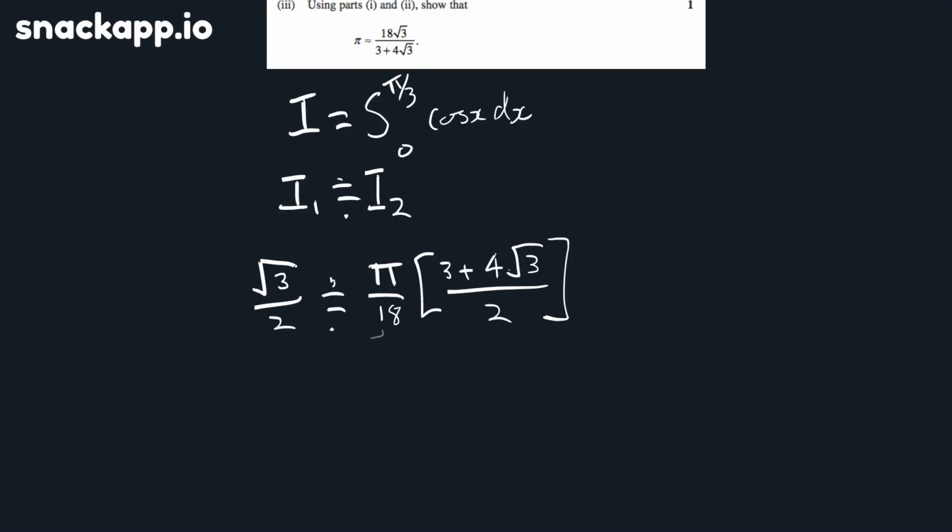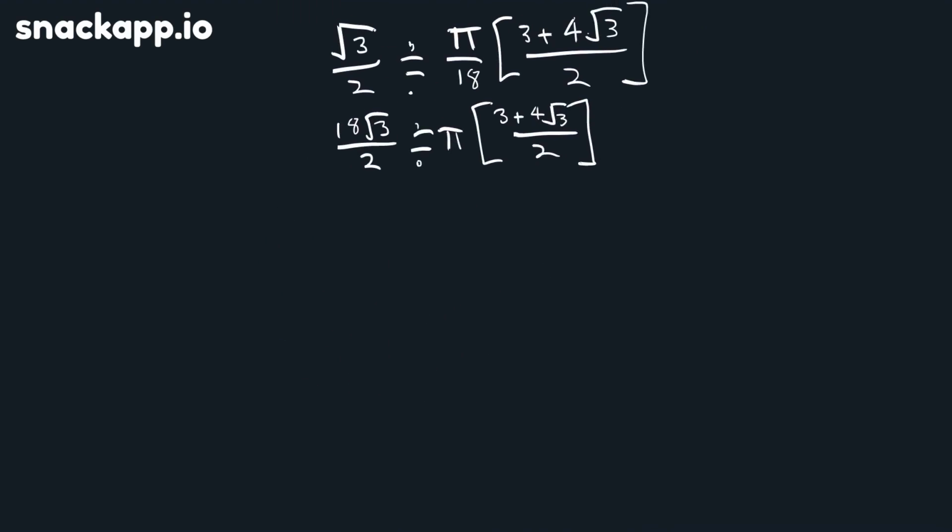Firstly, I can take the 18 over to the other side. I get 18 root 3 on 2, approximately equal to pi. All this is still there. And now, give myself a little bit more room. Let's take this over to there.